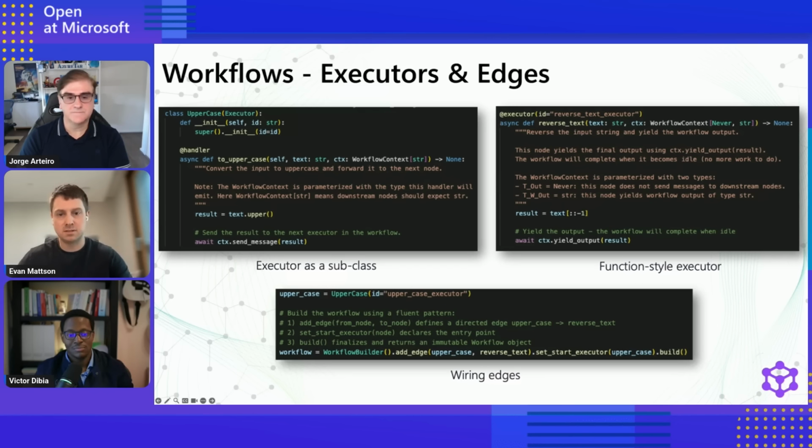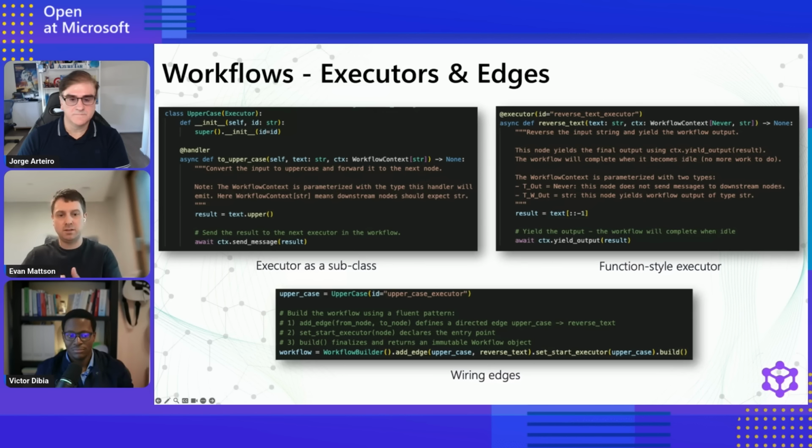So we know that this is going to be part of our graph. It's taking in a text type string, and so we have that text type string annotated here, and then we have a workflow context, and that's also explaining that we have it typed as a string. That means that it's going to send a message that is of a string type.